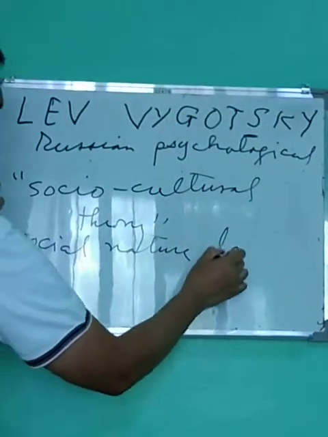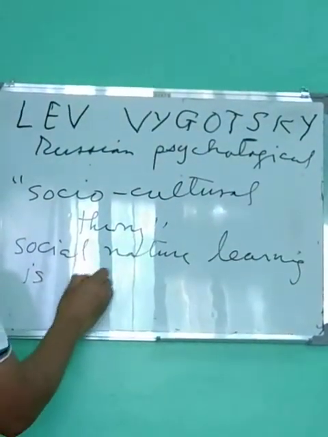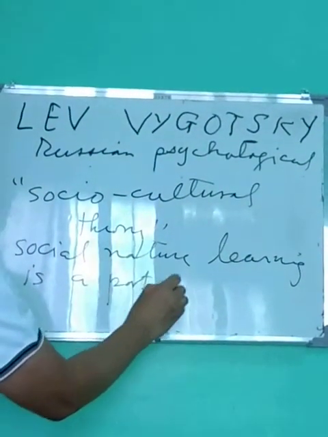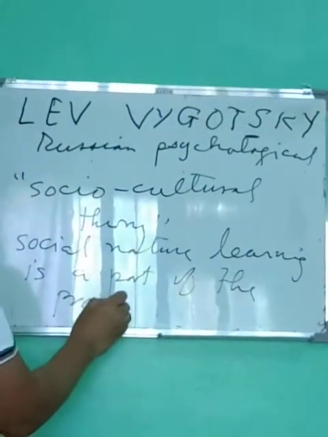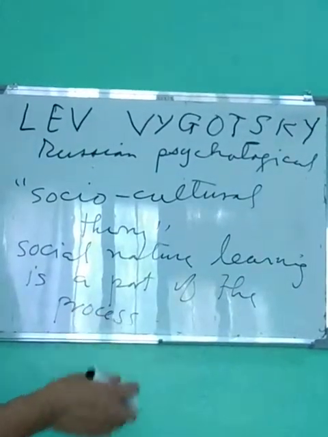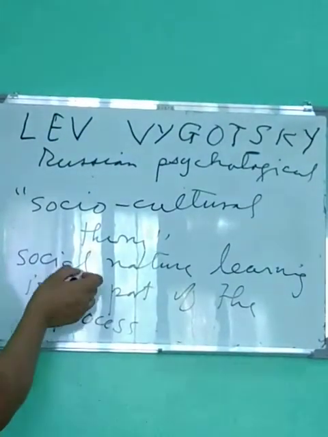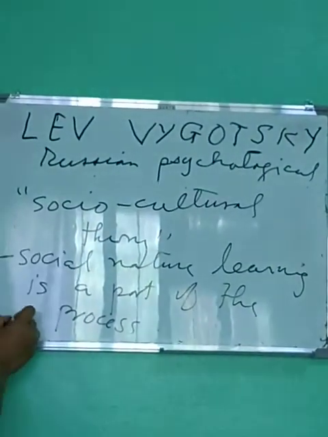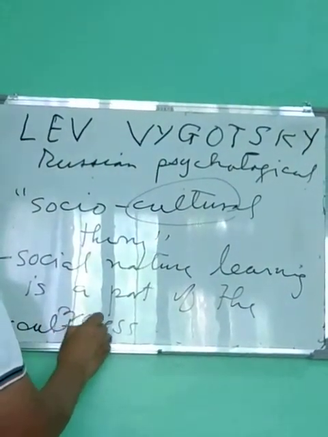The social nature of learning is a critical part of the process, meaning the child interacts in society with other individuals, and that is very influential according to Vygotsky. Also, aside from the social nature of learning, culture will play a part in the development of the human species. Clear?